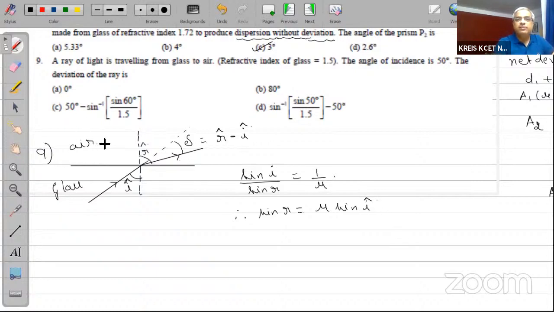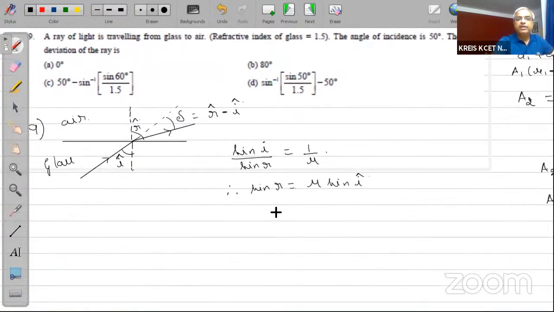Now sin I is fine with me. So therefore R will be equal to sine inverse of mu sin I.